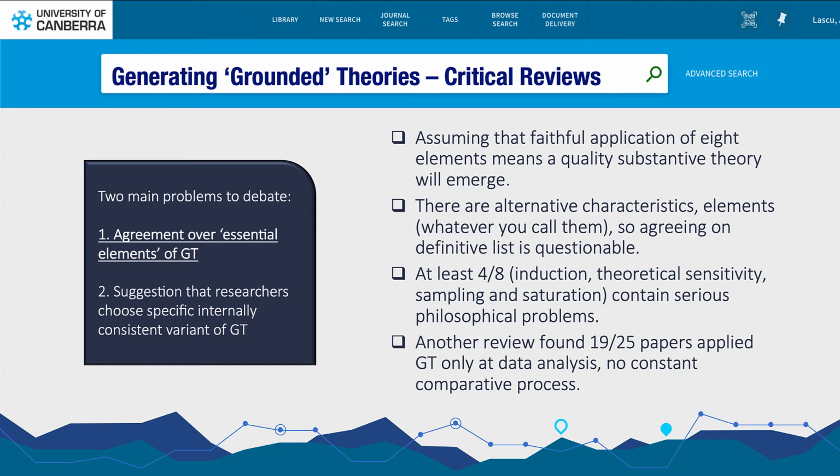So agreeing on a definitive list is questionable at best. At least 4 of the 8 elements contain serious philosophical problems, including induction, theoretical sensitivity, sampling, and saturation. And then another review found 19 out of 25 papers applied grounded theory only at the data analysis stage. So they didn't even use constant comparative process.